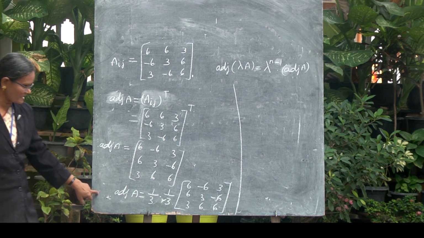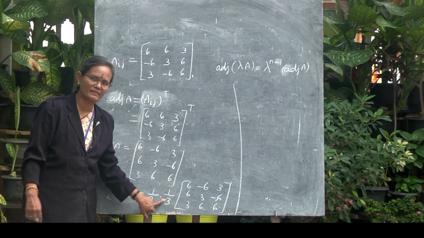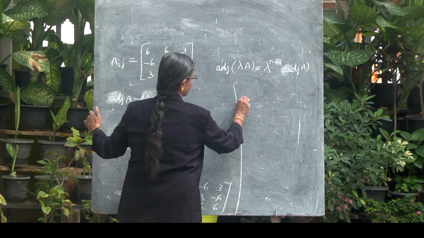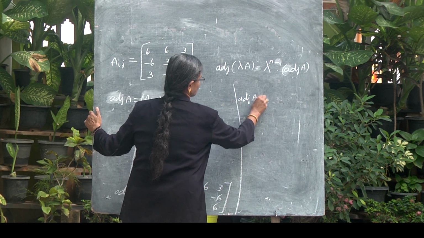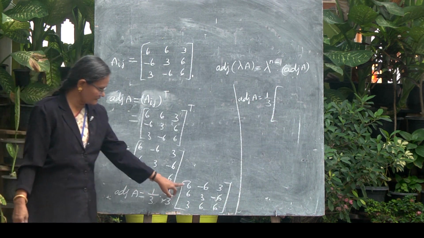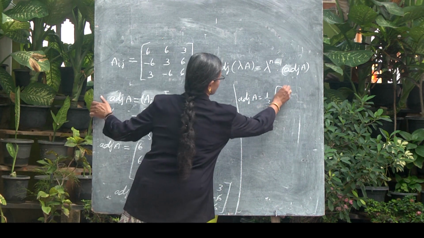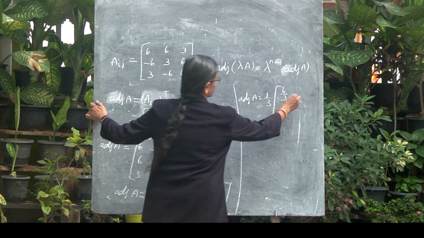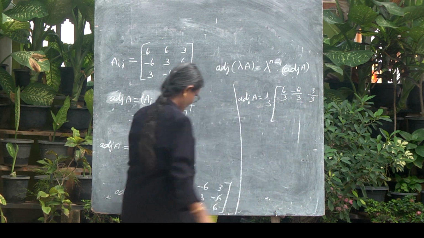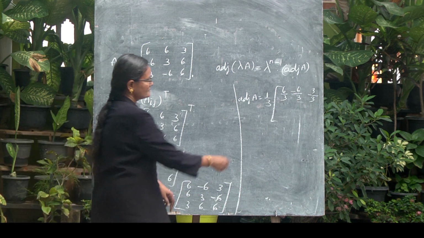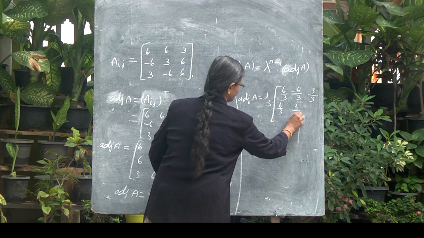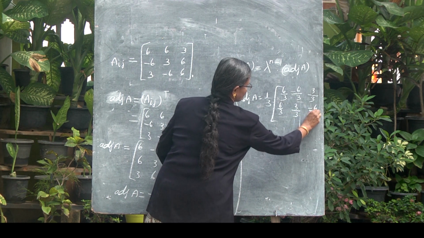Next, adj of A multiplied by 1 by 3, 1 by 3 to the given matrix. Adj of A is 1 by 3 into, divided by 3 in each element, 6 divided by 3, minus 6 divided by 3, 3 divided by 3, then 6 divided by 3, 3 divided by 3, minus 6 divided by 3.